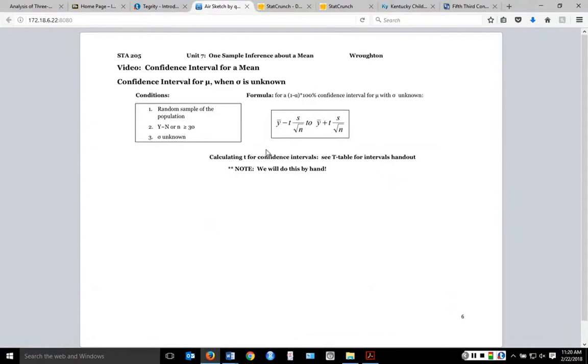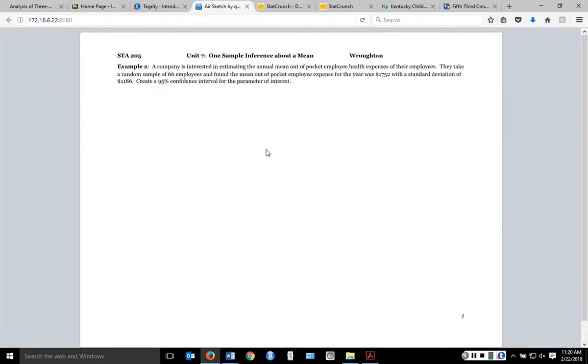So we're just going to start by looking at an example. Alright, so we have a company that is interested in estimating the annual mean out-of-pocket employee health expenses of their employees. So they took a random sample of 66 employees, so that's going to be our n, and found that the mean out-of-pocket employee expense for the year was $1,752.